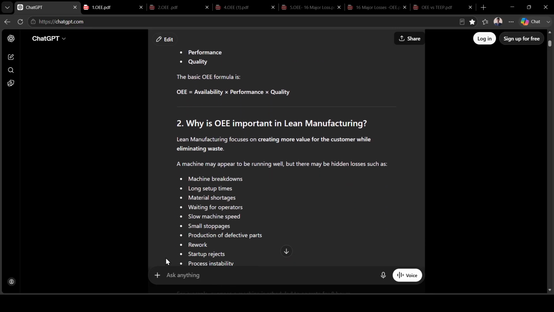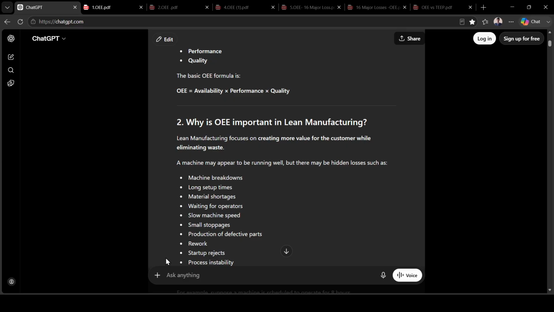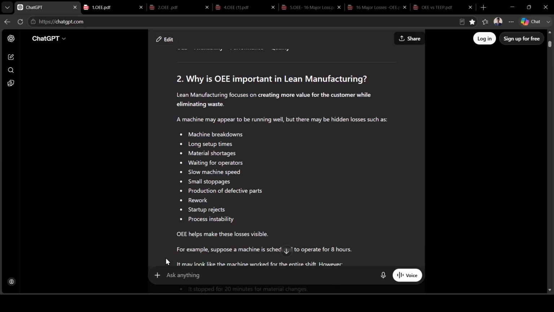And why is OEE important in lean manufacturing? Lean manufacturing focuses on creating more value for the customer while eliminating waste.